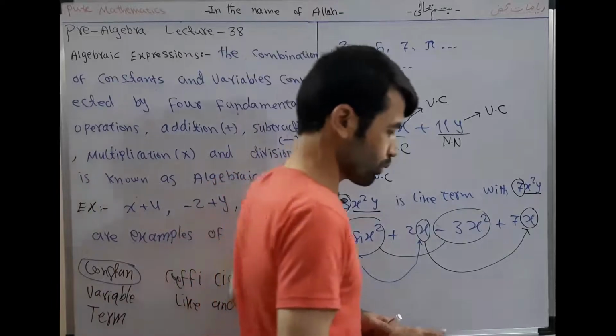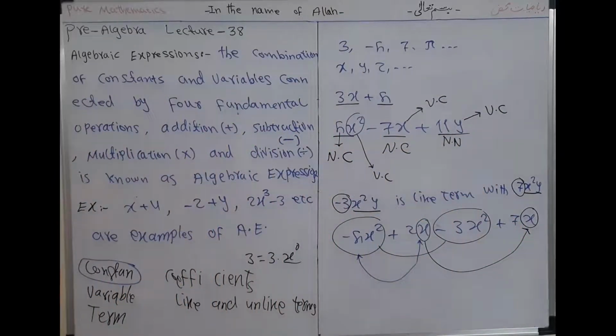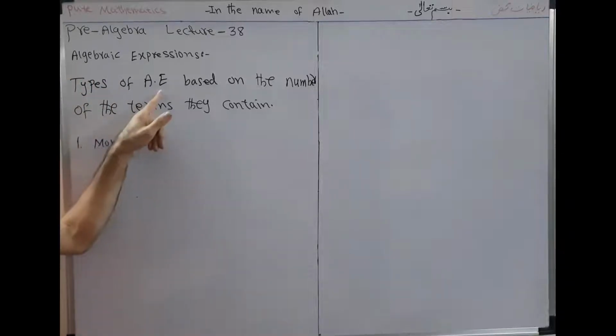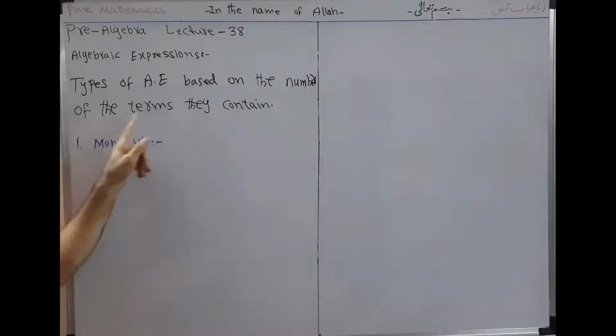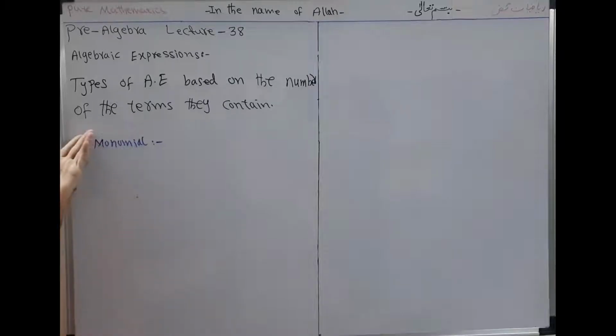Now we want to explain types of algebraic expression based on the number of terms they contain. Here we have 4 kinds of algebraic expression based on the number of terms which they have.